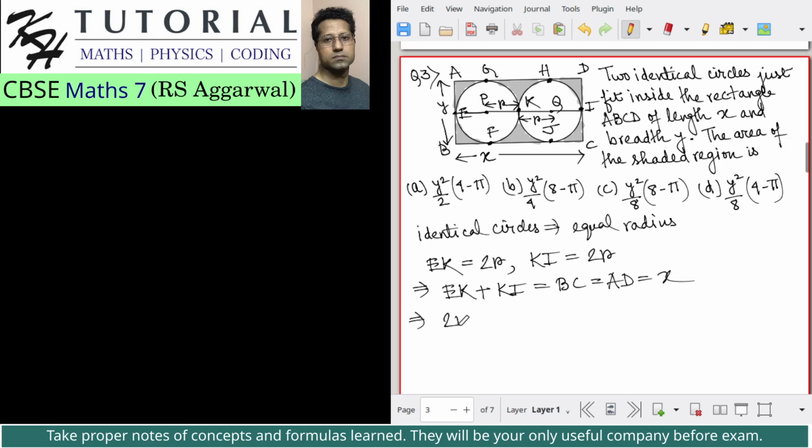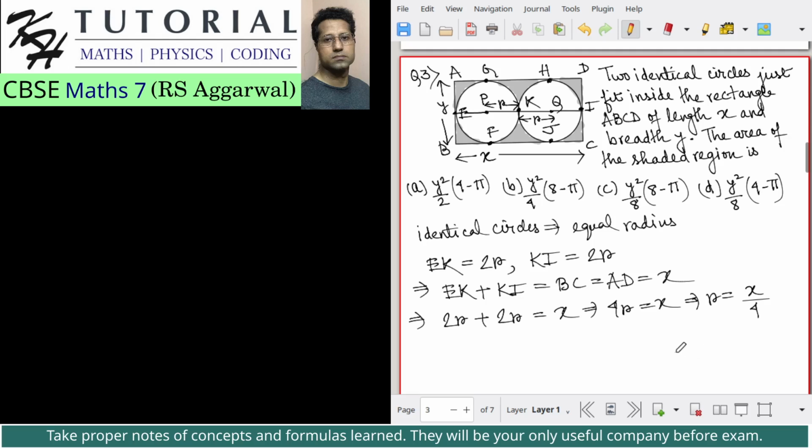EK is twice R. And KI is twice R. So twice R plus twice R is equal to X. This implies 4R is equal to X. This implies R is equal to X by 4.